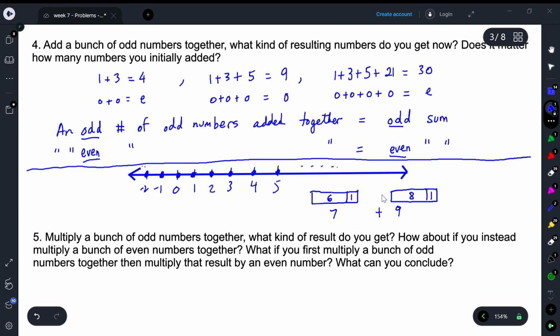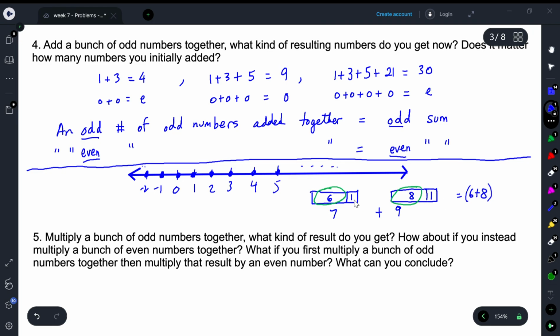What happens when we add these two numbers? Well, we already know what happens when we add the 6 with the 8. Since these are both even numbers, from our previous result of even plus even, we know we are going to get an even number. So 6 plus 8 is going to be an even number.